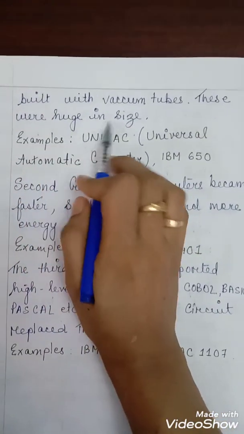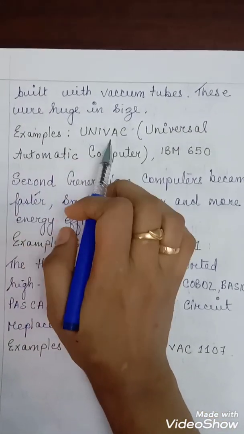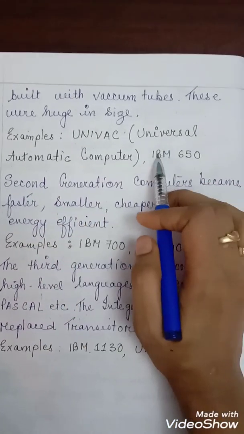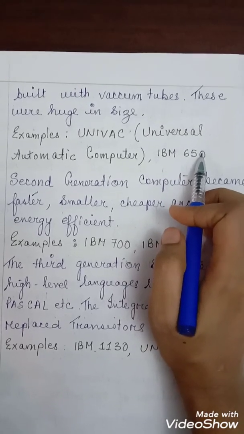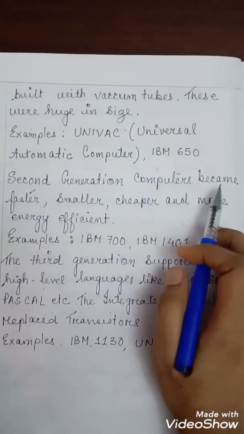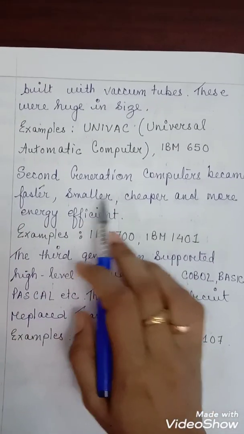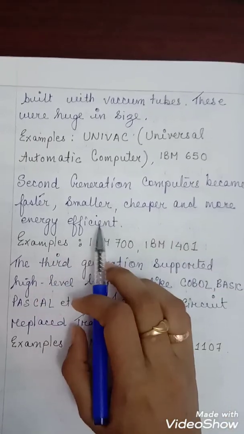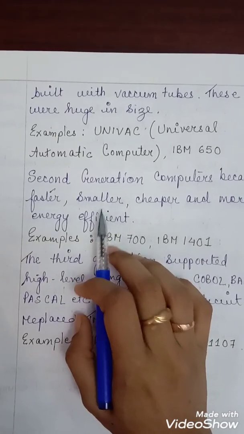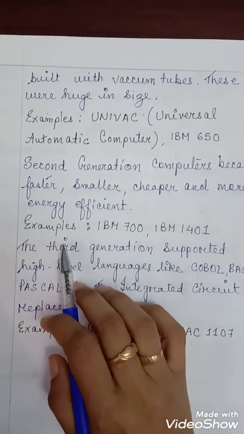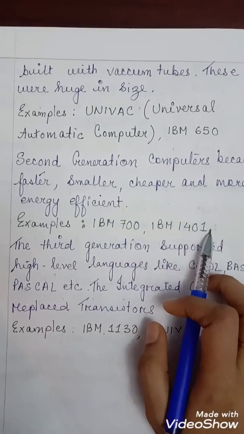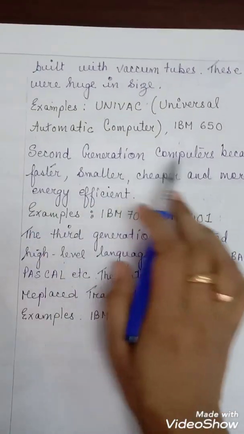These were huge in size. Examples: UNIVAC, Universal Automatic Computer, IBM 650, right? Next, second generation computers became faster, smaller, cheaper, and more energy efficient. So these are the features of second generation computers. Examples: IBM 700, IBM 1401. These are the computers used in second generation.